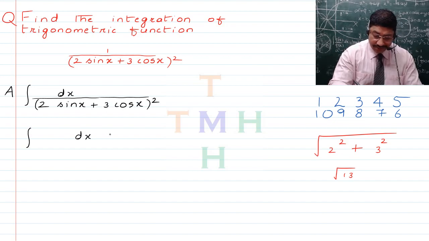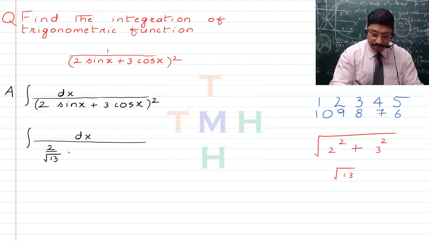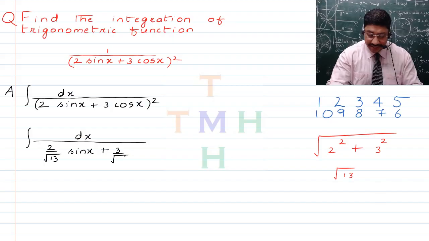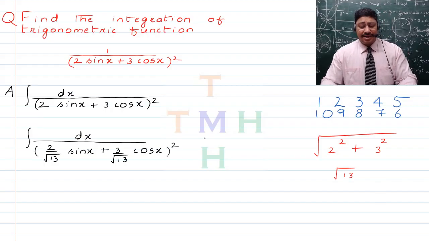So as such, this is going to become equal to integral of dx divided by 2 upon root 13 sine x. And when I finish, I want you people to answer this question: why is it that this was required to be done? We could have done without it, but why is it to be done in a mandatory way?